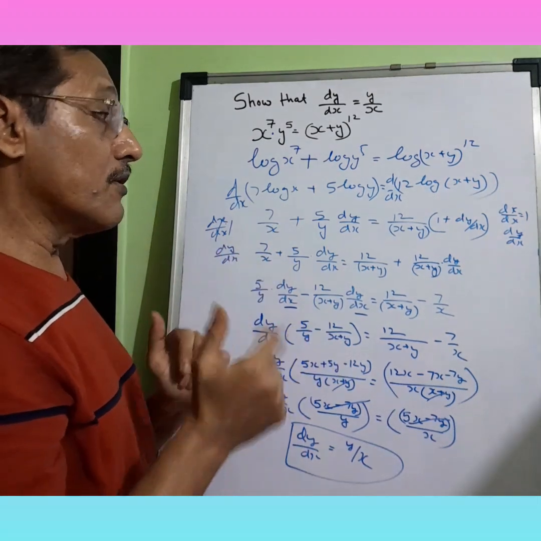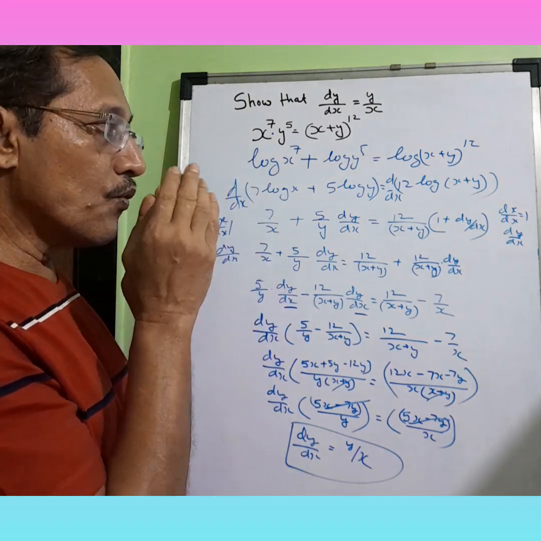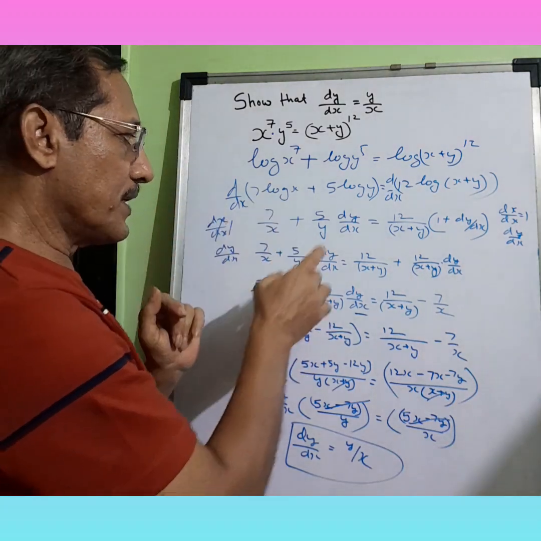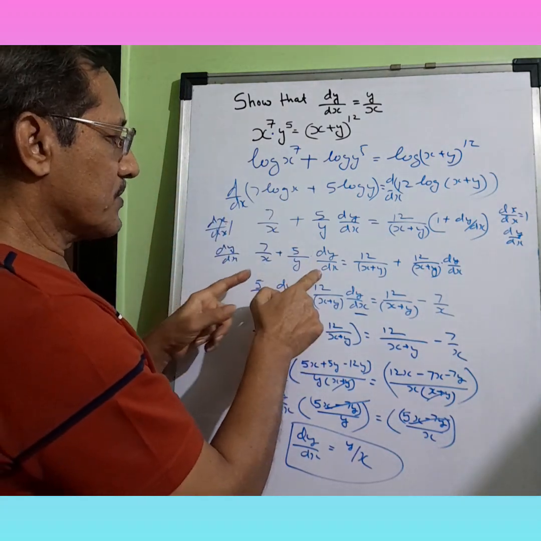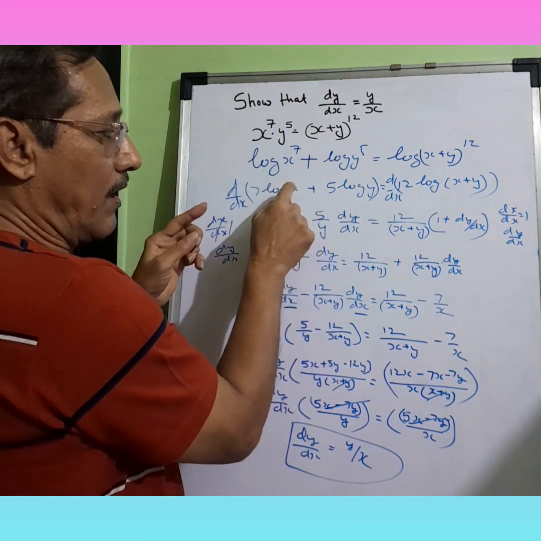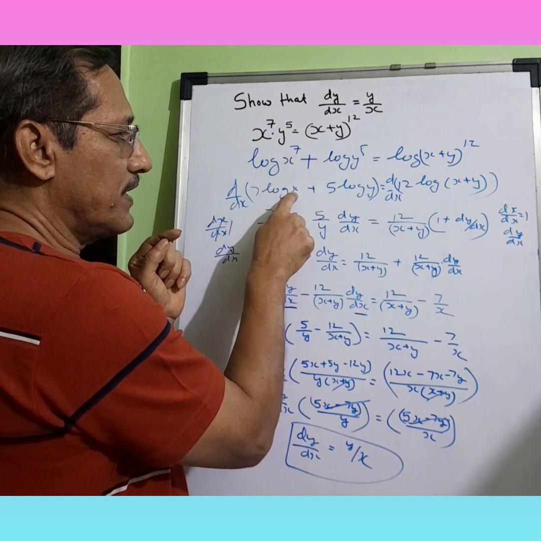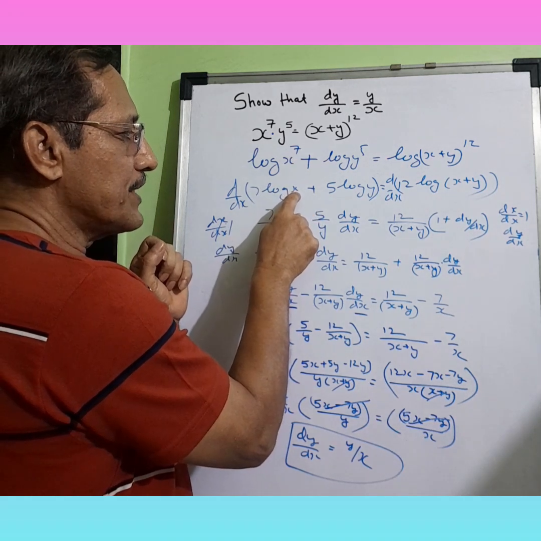Is there anything else that we learned? Yes, we also learned about implicit and explicit. The best example, you find both in this numerical. When you came here and here, on doing chain rule, it was dx by dx, which is 1, when we differentiated x.